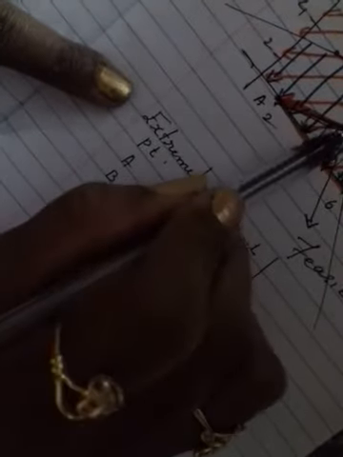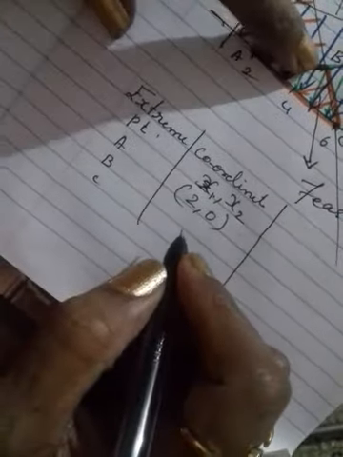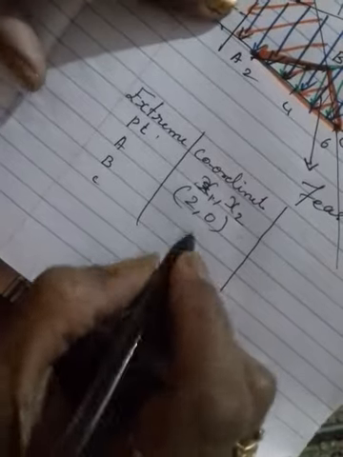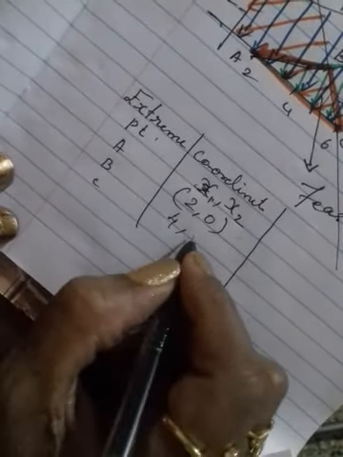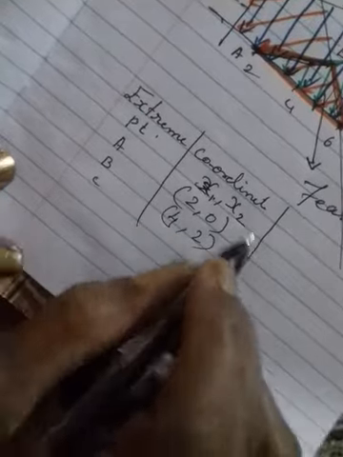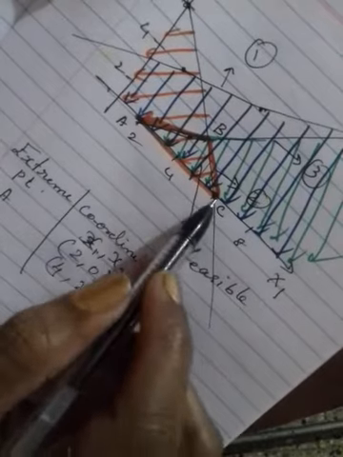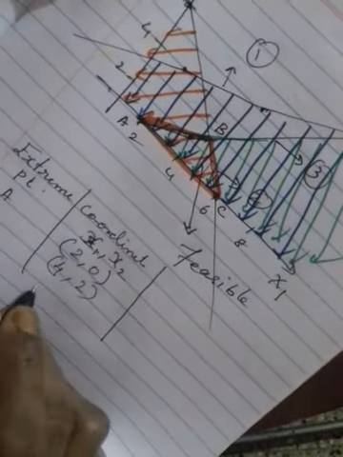This is x1 comma this is x2. Okay. 2 comma 0. And B you have to identify. The B coordinate is 4, 2. Okay, and then C is 6, 0.